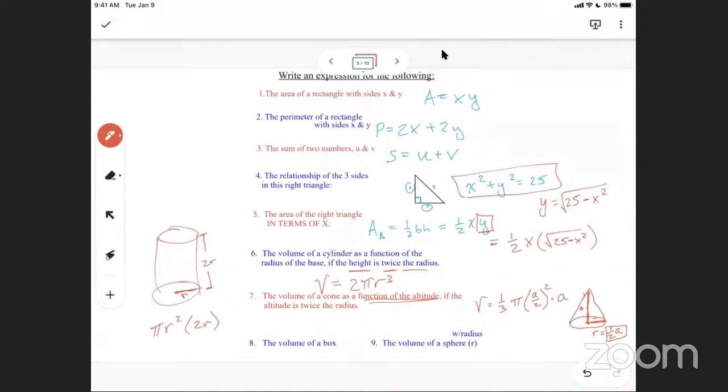Cleaning this up, that's equal to 1/12, because 2 squared is 4 and 4 times 3 is 12. So pi over 12, with the pi on top, a cubed. Sound right?